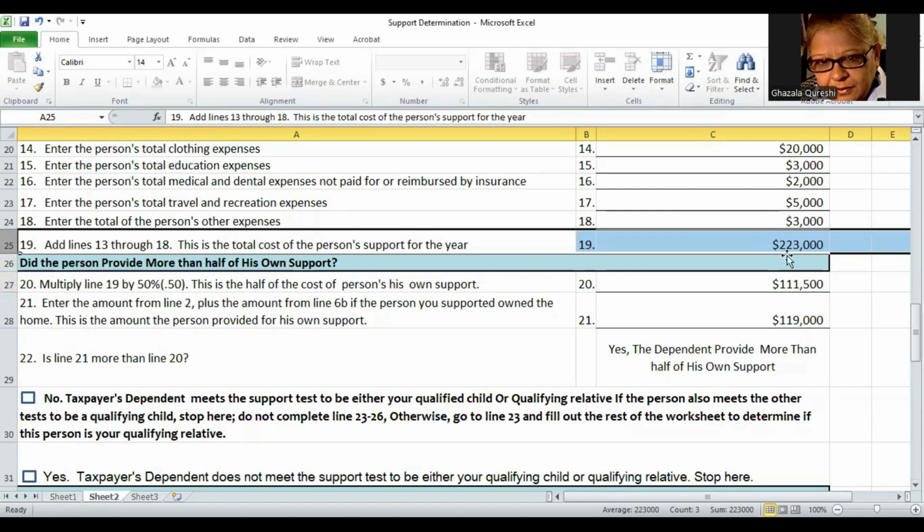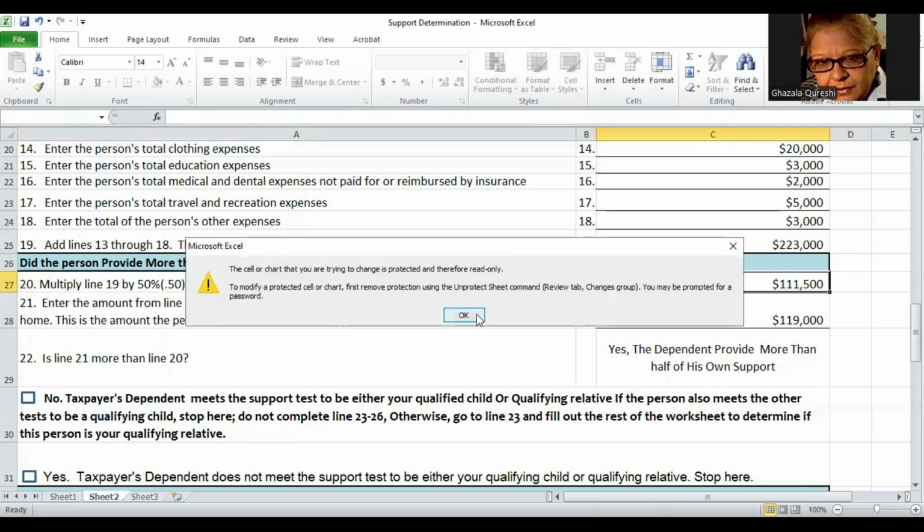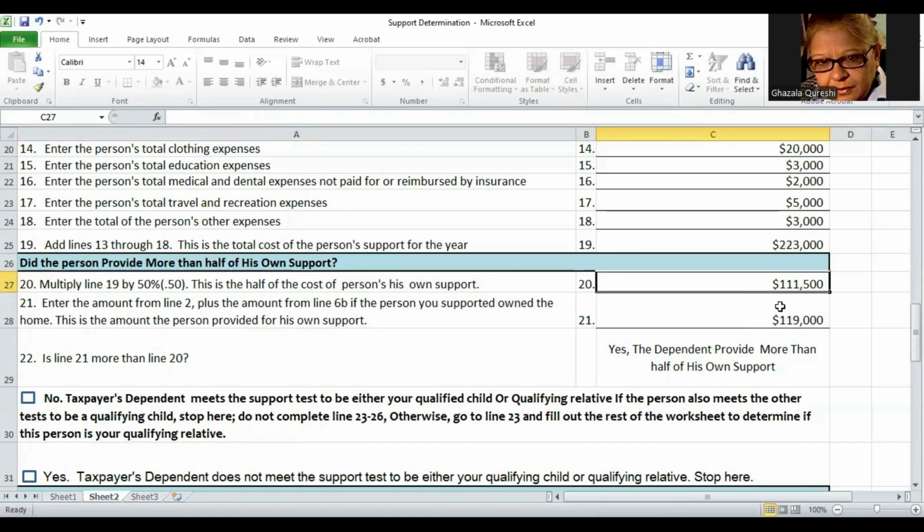We multiply 223,000 by 50%, and we get 111,500. This is half of the expenses he incurred for his own support.